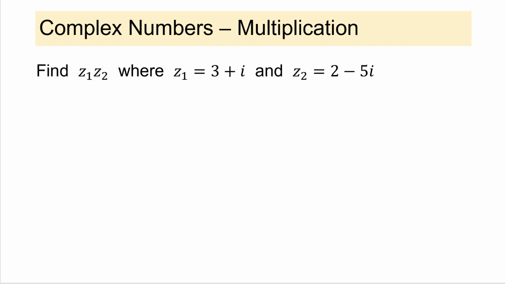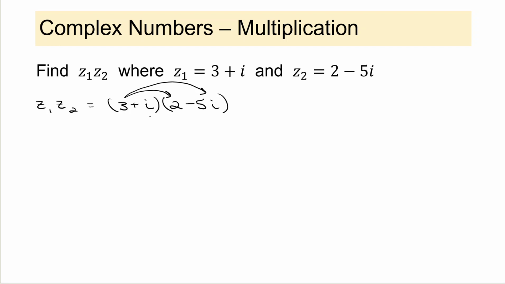All right, let's talk about multiplication. So if I want to multiply these same two complex numbers, 3 plus i times 2 minus 5i, it looks pretty much like we're multiplying two binomials together, right? And that's how we're going to do it. So we're going to distribute the 3 across the second group.